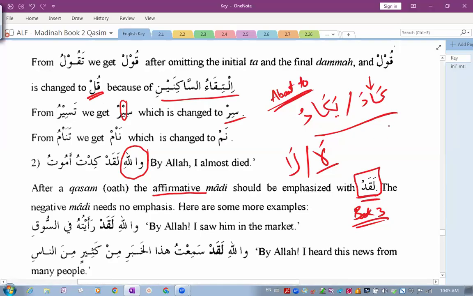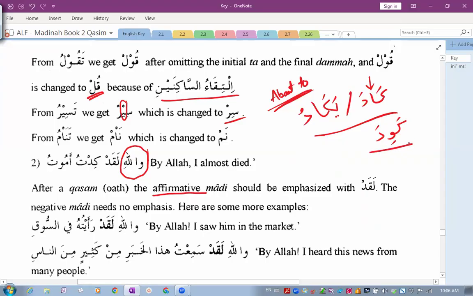Now we conjugate it. So kada, kada, kadu, kadat, kadata, then from hunna it starts taking kidna. What happened? Is this Bab Samia?